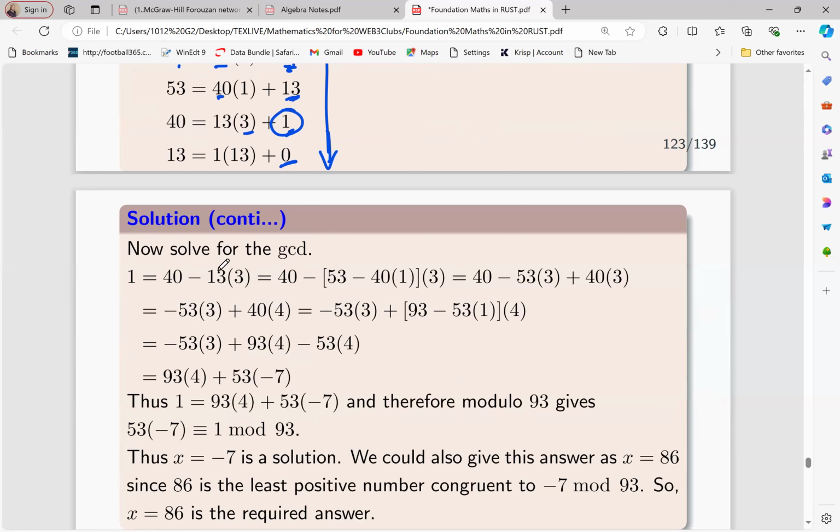Now, after it has found the GCD and verified that the GCD divides B, it will use the extended Euclidean algorithm to find the value of X. We want this X to be positive.